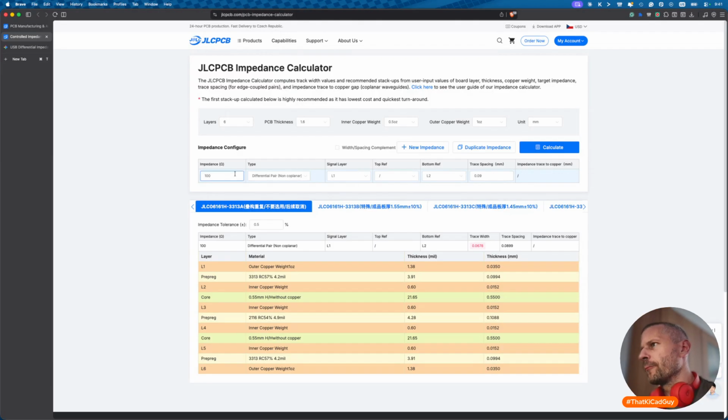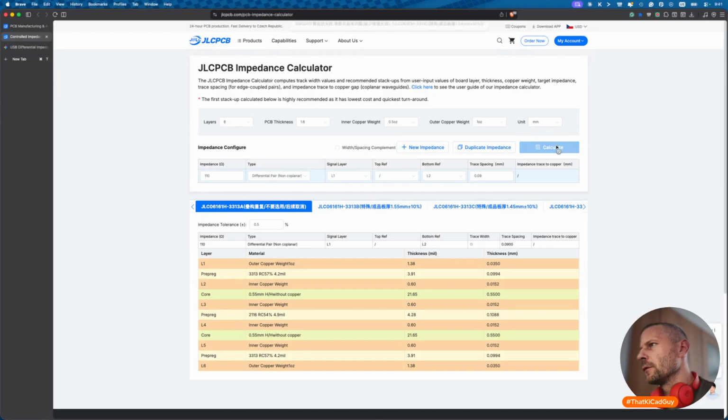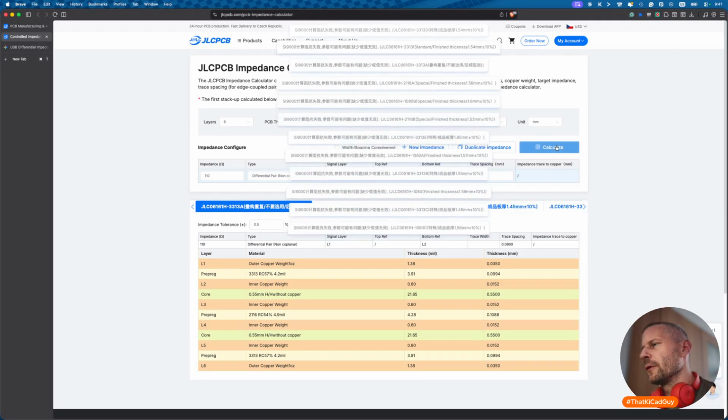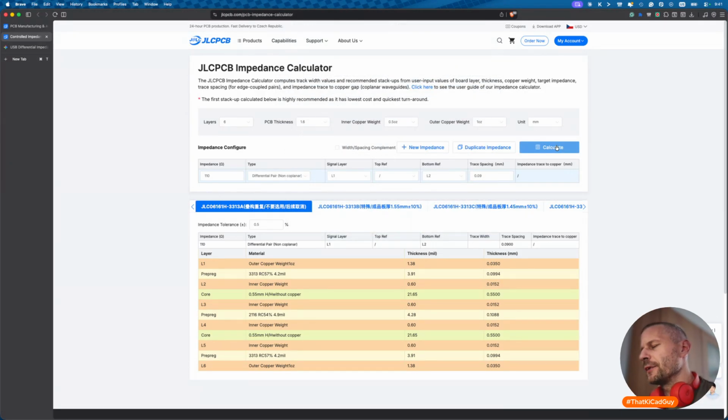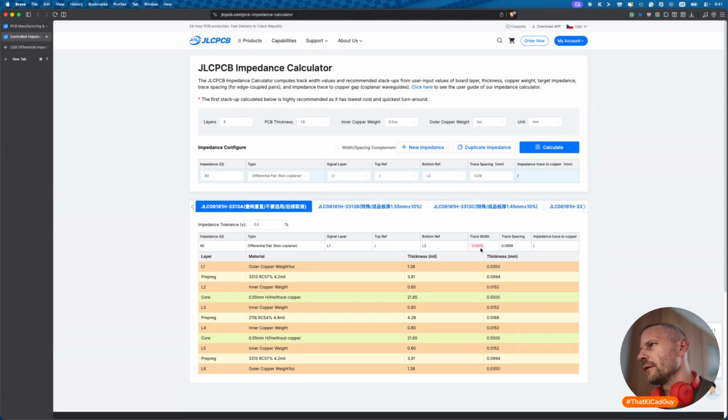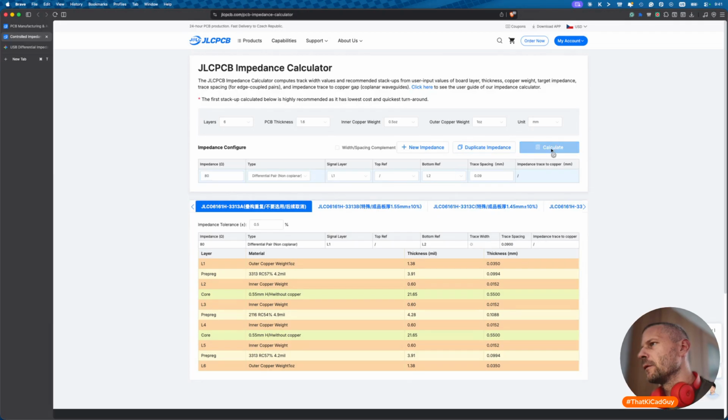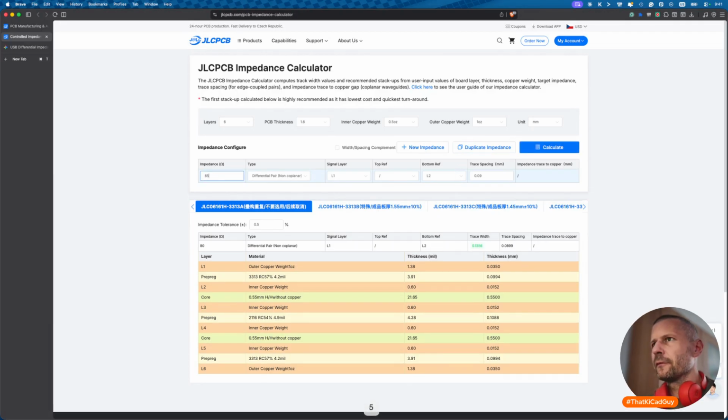It's too narrow. So if I go with the impedance higher, no, it's not even possible. Yeah, because the higher impedance means an even narrower track, of course. So 90, yes, even lower than 90, 85, 80. Yeah, 85. 88.